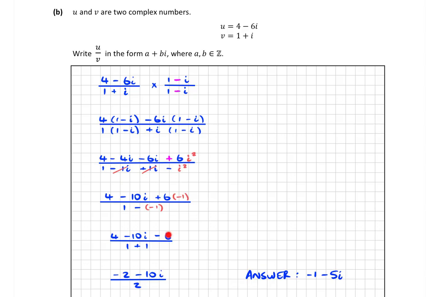And our denominator there, our two negatives are going to turn into a positive. So we'll have 1 plus 1 giving us 2. So tidy this up again. We've got 4 take away 6, giving us minus 2, minus 10i, divided by 2. And our final answer there, if we divide negative 2 by 2, we get negative 1. And if we divide negative 10i by 2, we get negative 5i.